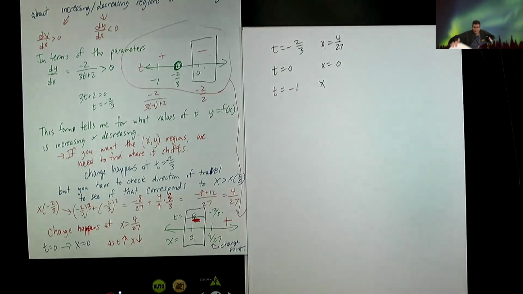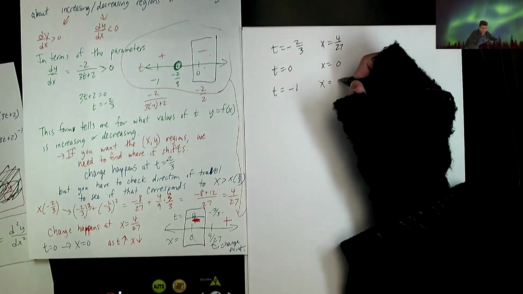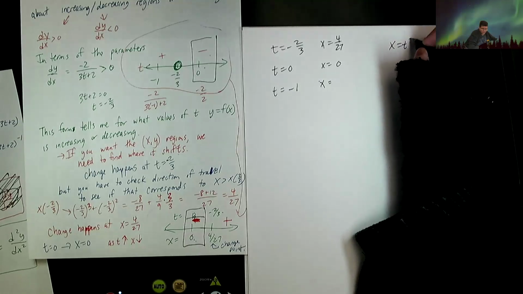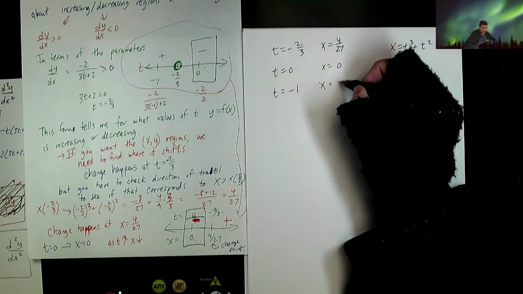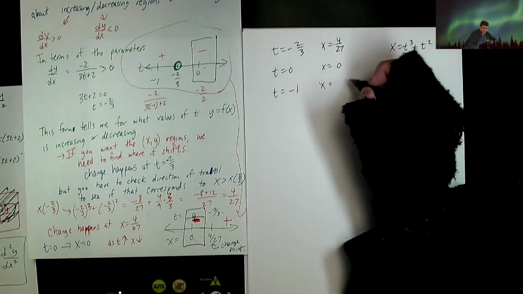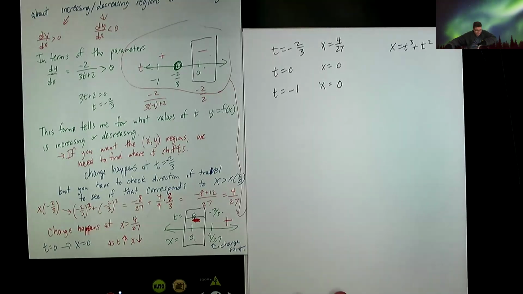I do need the other. Look at that. Also 0, which means this thing is doubling back on itself at different times of t.